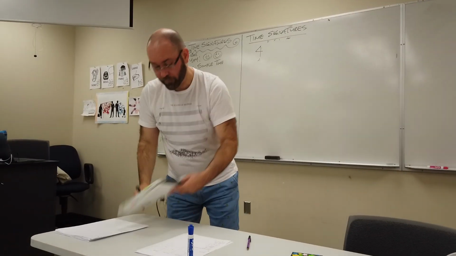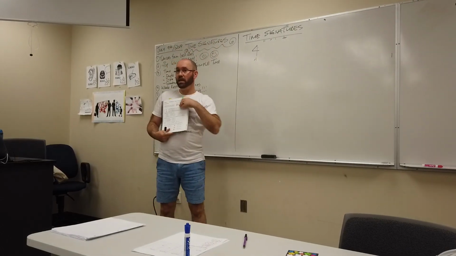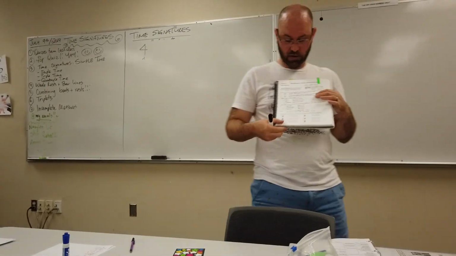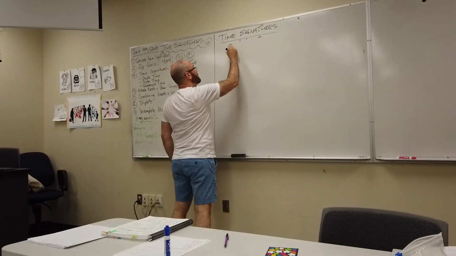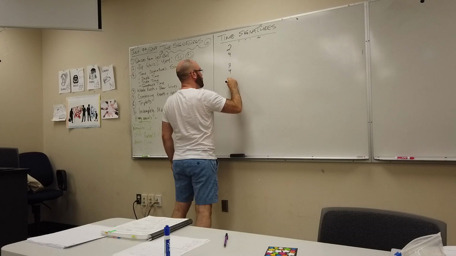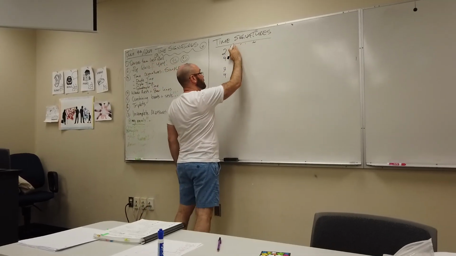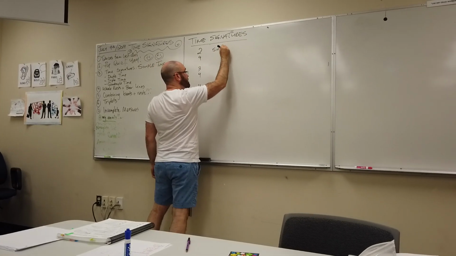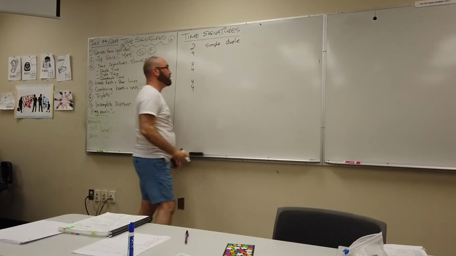Okay, so if we take a look, you can see that we have names for the kinds of time signatures. So if a time signature is 2-4, 3-4, or 4-4. If we're in 2-4 time, we call this simple duple time.